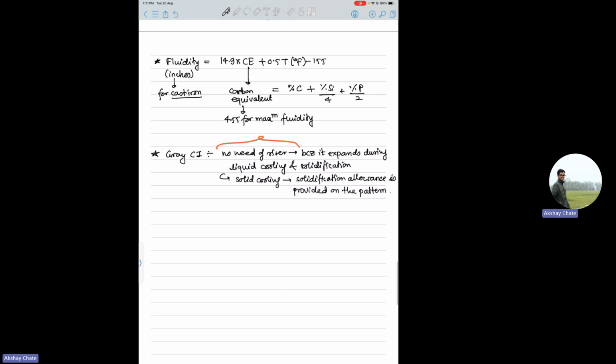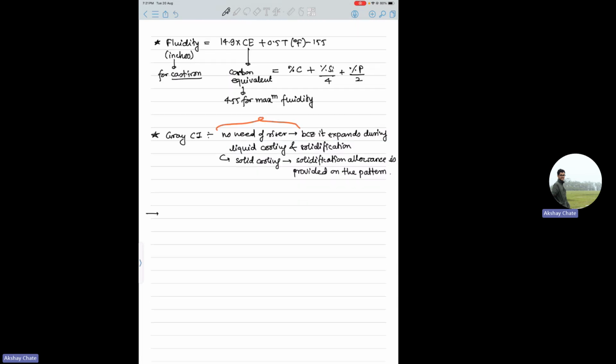In steels also there are different types. Steel, as you said, has less than 2% carbon content. That is the first definition of steel.